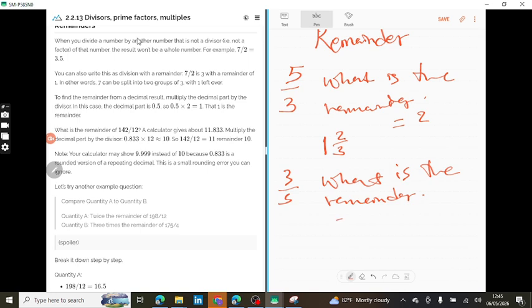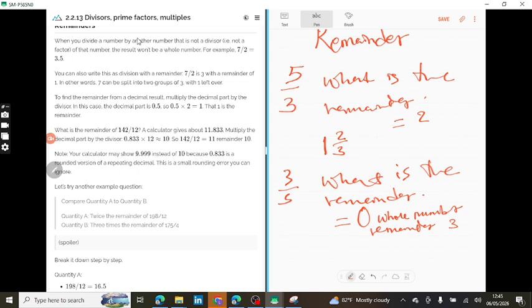So the remainder equals 0 whole number, remainder 3.